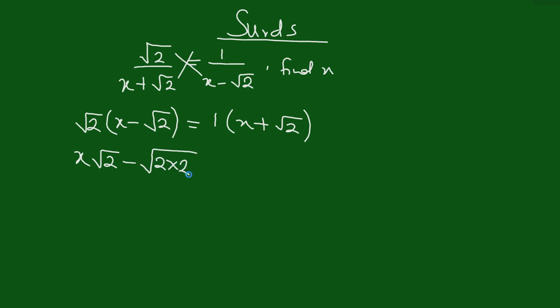On the right, 1 times x gives us x, and 1 times root 2 gives us root 2. So we need to solve further. We have x root 2 minus, root 2 times root 2 gives us root 4, and the square root of 4 gives us 2. And this equals x plus root 2.